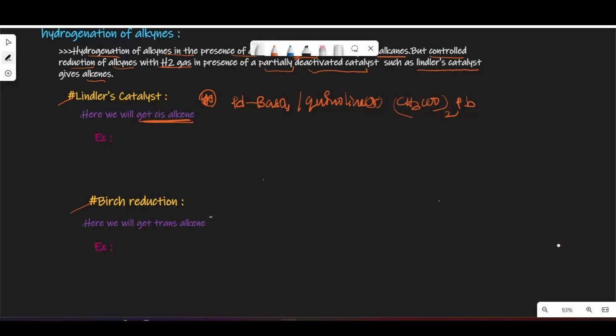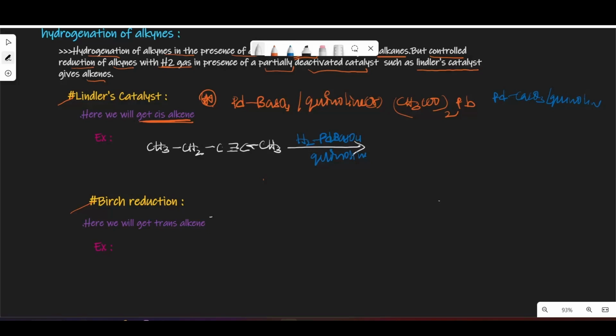We will take an alkyne. Let's take this compound CH3CH2-C≡C-CH3 in the presence of Lindlar's catalyst, H2, Pd/BaSO4, in the presence of quinoline. Maybe we can use Pd/CaCO3 also in the presence of quinoline. This is the Lindlar's catalyst, we can use anything.